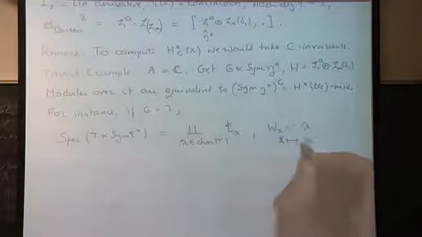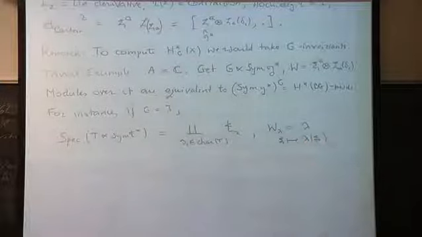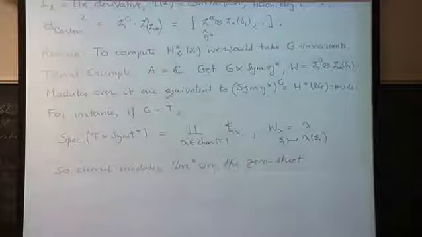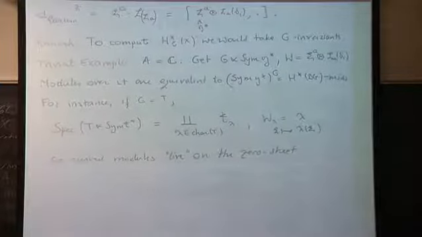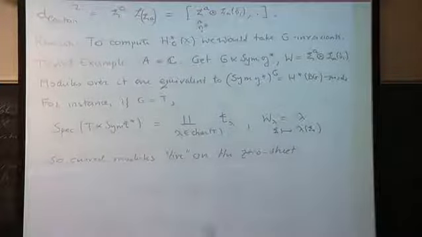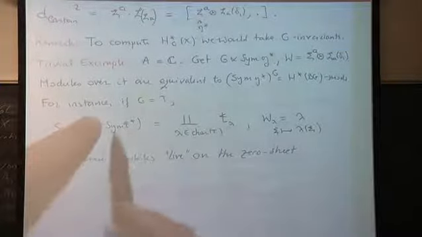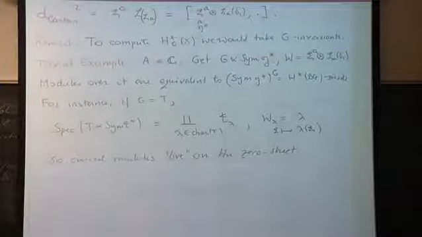So psi goes to lambda of psi. And linear functions have no critical point unless they're 0. So all the sheets except the 0 sheet disappear. And the 0 sheet just gives you the modules over Sym T star, which is the cohomology of BT.